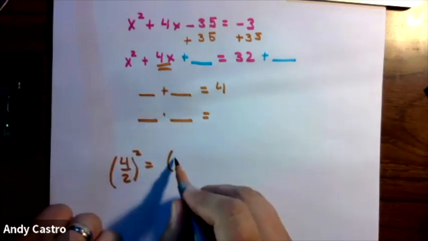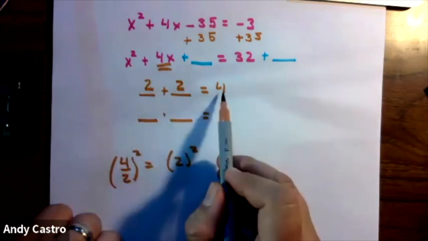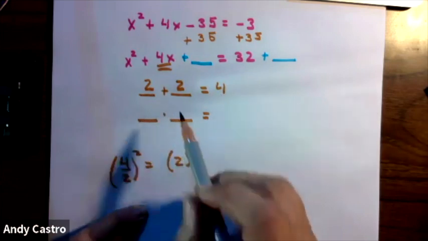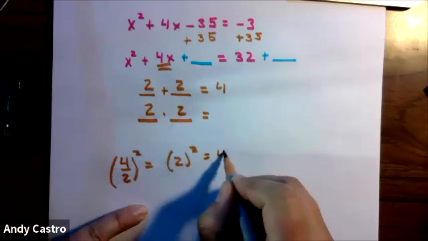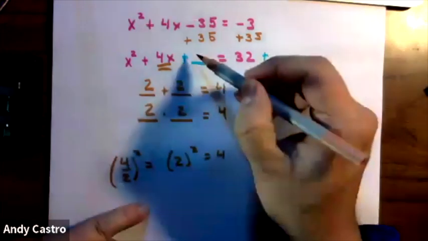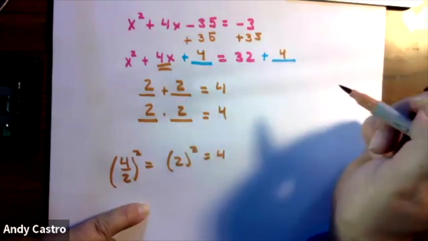Okay, that gives me 2. So 2 plus 2 is 4. And that's where the squared comes from, for my C, you have 2 times 2. And in this case, that also equals 4. So then I have plus 4 plus 4.